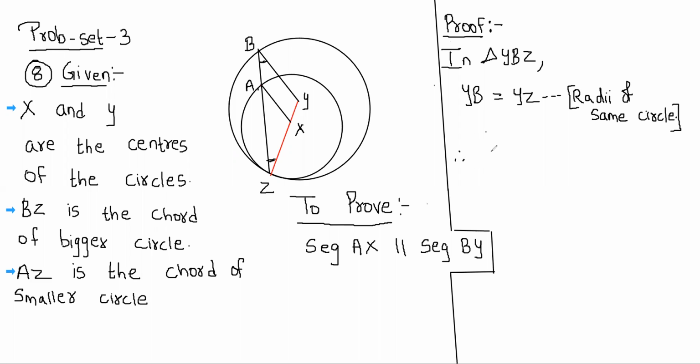Therefore, we are saying opposite angles are equal now. So the opposite angle of YB is YZB. Angle YZB is equal to angle YBZ. We are going to write in bracket the reason: isosceles triangle theorem. We can also write angles opposite to equal sides are equal.